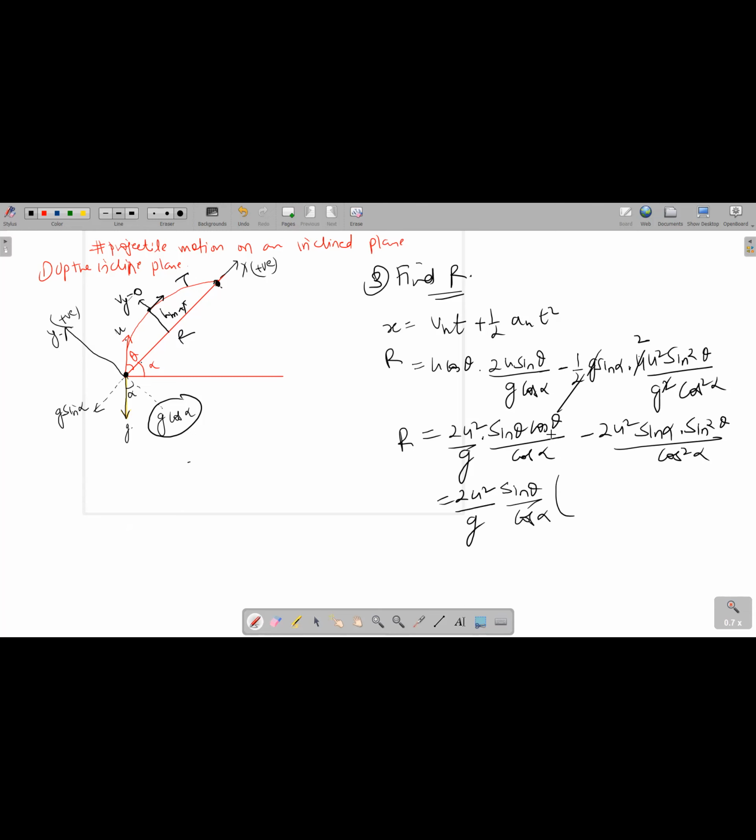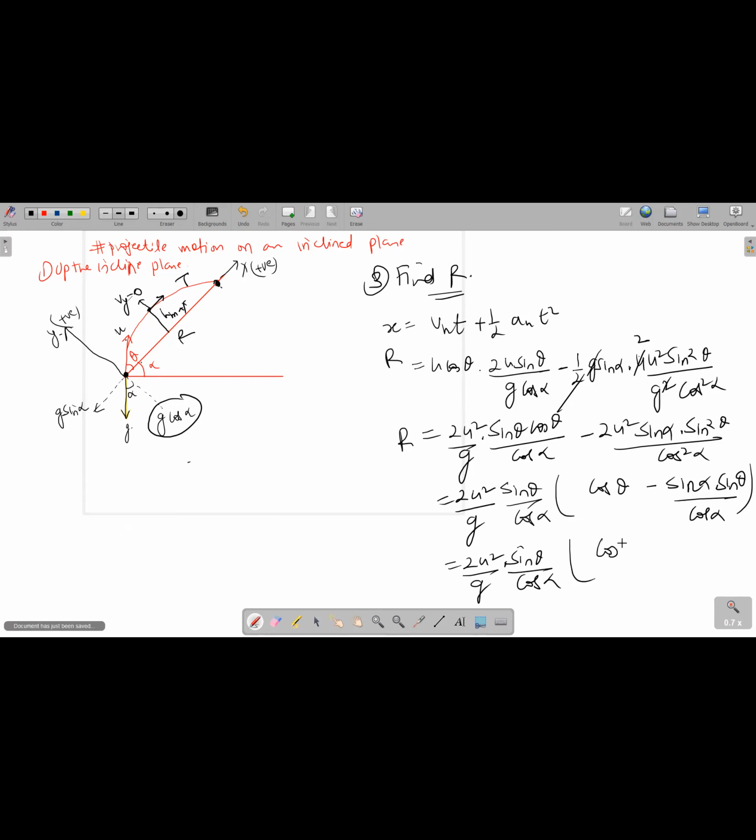So now in this term we will have cos theta, and here we will have sin alpha into sin theta upon cos alpha. So 2u square upon g, sin theta upon cos alpha.